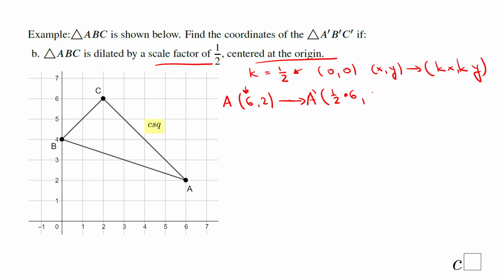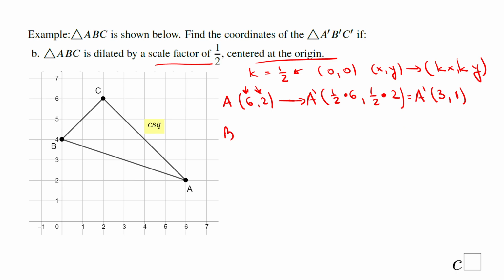And the y coordinate, the same thing, the same scale factor of 1/2 times the y coordinate, which is 2. We can simplify here, which I'm going to do in the next step, when we have A prime equals (1/2 times 6), and that will be 3, and 1/2 times 2, that will be 1. So we finish with A prime.